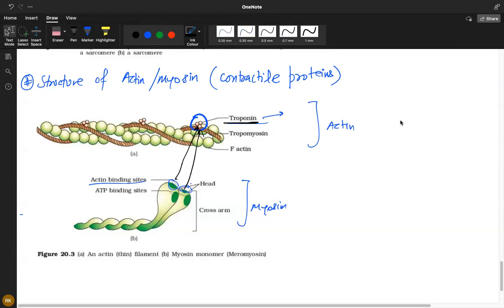So till troponin is there, myosin won't bind. So you can write down: the troponin in the resting state, when your muscles are resting, masks the active binding site for myosin, or covers, or hides the binding site for myosin.